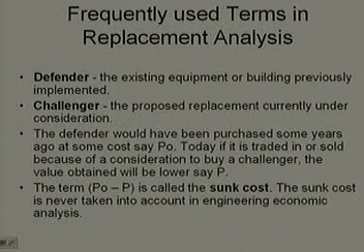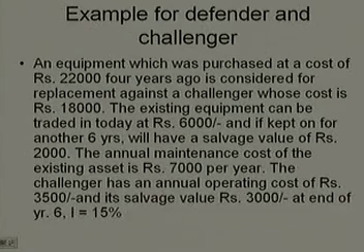Now, we will try to illustrate this with the help of an example. You can note down this example. In this particular problem, I have assumed that an equipment which was purchased at a cost of rupees 22,000 4 years ago is now considered for replacement against a challenger whose cost is rupees 18,000.